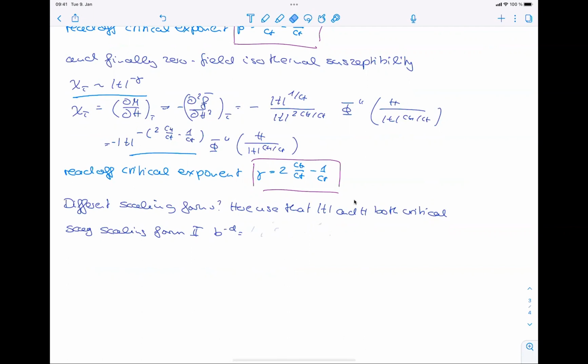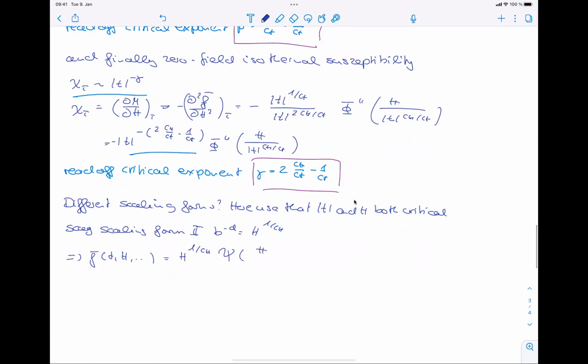Write this in. More consistent. And then this we give a different function, a different form, but it's the same logic as before. The b to the minus d gets replaced by h to the 1 over c_h. That's obviously a different function, and now depends on h over t to the c_h over c_t.